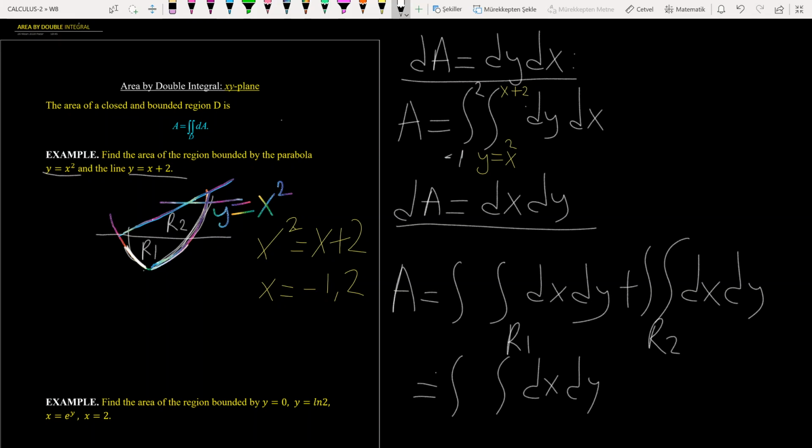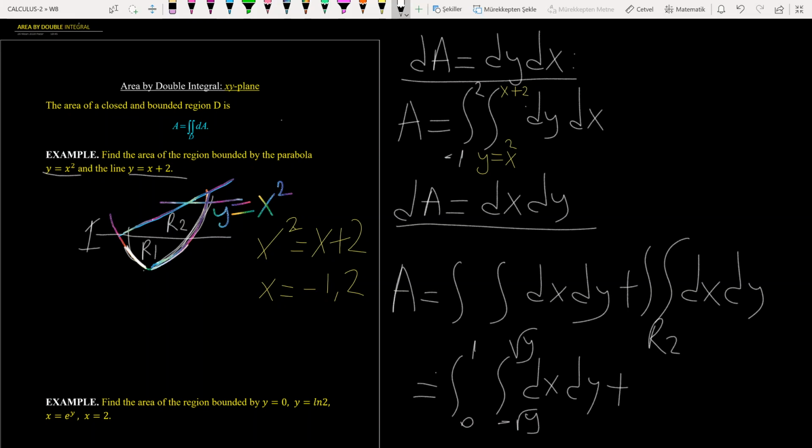If you look at the region R1, the left curve is minus square root of y and the right curve is plus square root of y, from x equals minus square root of y to x equals plus square root of y, and y is between 0 and 1. This is intersection point 1.